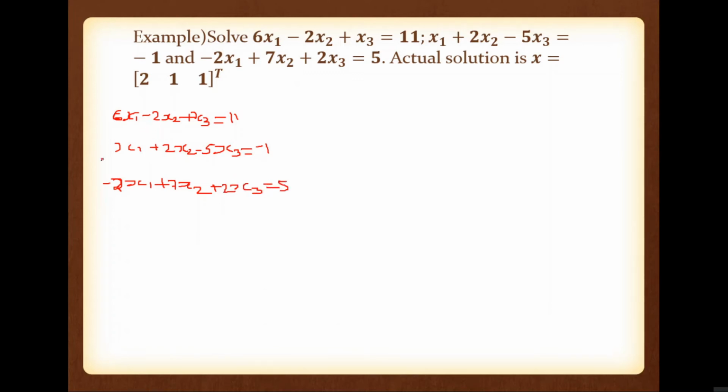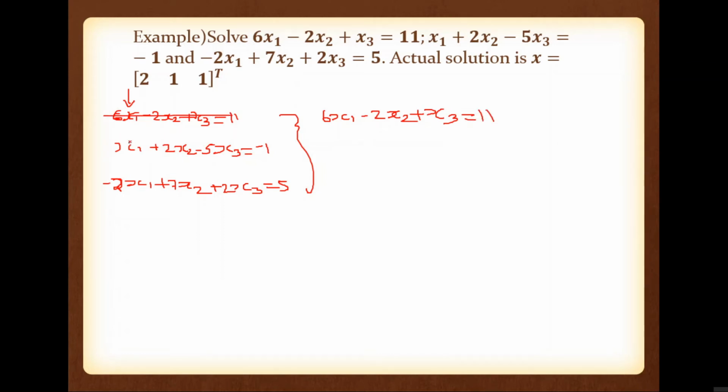So here, if you are comparing the x1 coefficient 6, 1, then minus 2, these are the coefficients of x1. So 6 is the largest element, right? So we can write 6x1 minus 2x2 plus x3 equal to 11. So this equation is considered.